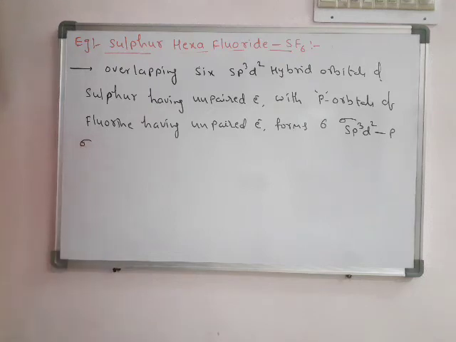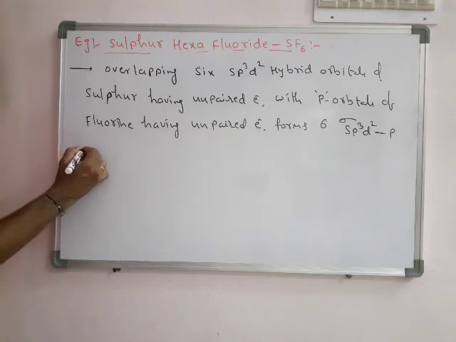Okay, so all are single bonds, but they are sigma. 6 sigma sp3d2-p bonds are formed.